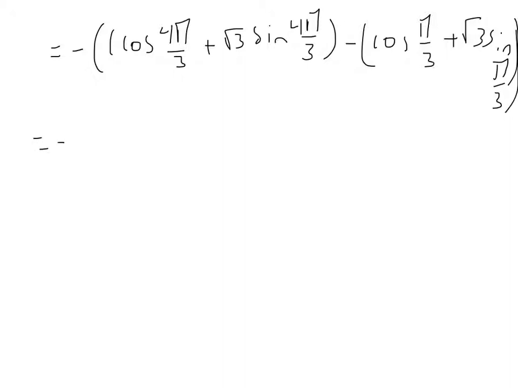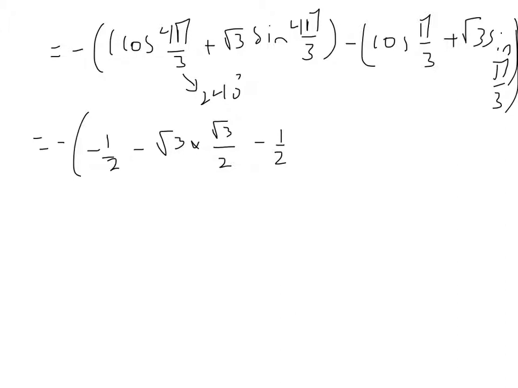From then, you could use a calculator or just logically cosine 4 pi on 3. 4 pi on 3 is 240 degrees, which is in the third quadrant, and cos and sine are negative in that quadrant, so that's going to be minus a half minus square root 3 times square root 3 over 2 minus a half.